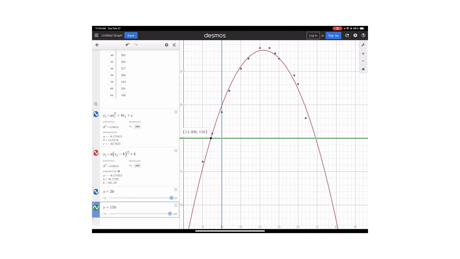So after 14 seconds, as if we could throw something that'll stay up for 14 seconds, the projectile or whatever it is will be 150 feet high. And it goes up to the top, and then as it's falling, it also hits 150 again, which would happen at 69 seconds.